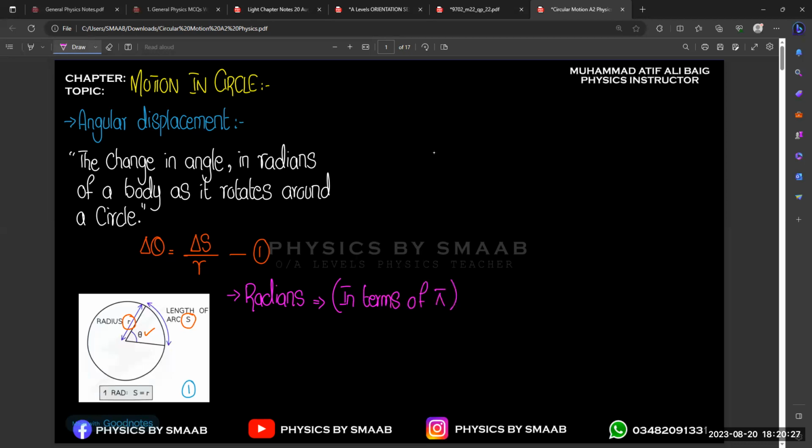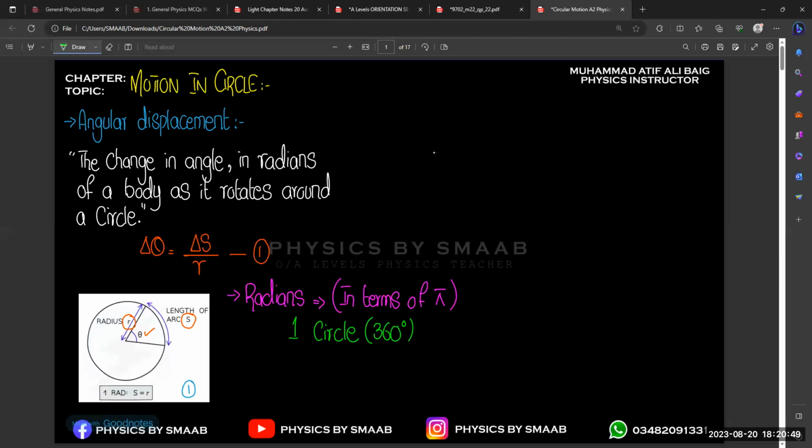So let's suppose we consider the value of pi, and we consider one complete circle. For a complete circle, how many degrees are there? 360. Yes, but that is degrees. We need to convert into radians, right?